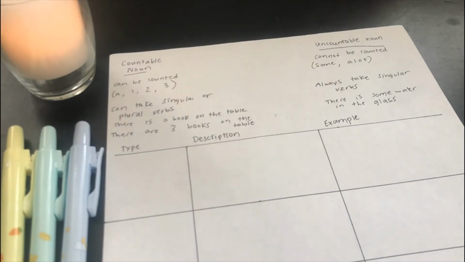Welcome to English class. Today we're going to be learning about nouns. So we're going to be talking about count nouns, which are also known as countable nouns, as well as uncountable nouns. So let's talk about the difference between those.